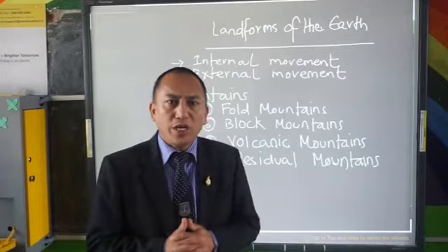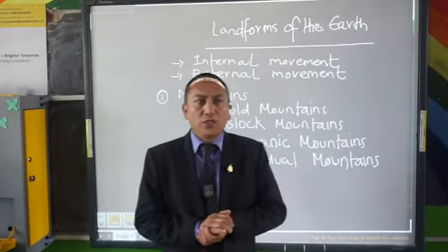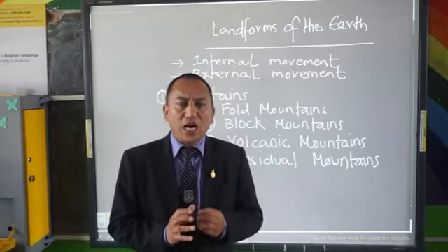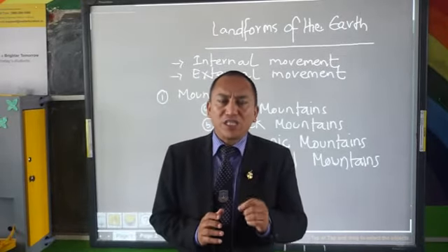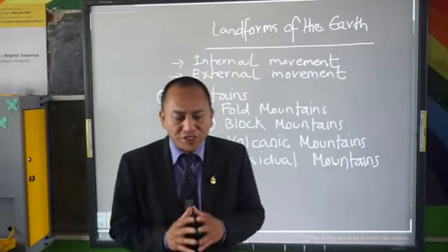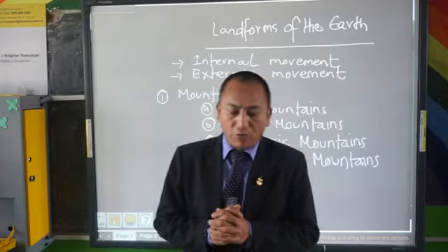So dear students, today we do a new chapter, and that is the landforms of the earth. So now, what are landforms? Landforms are the relief features that we see on the earth's surface. The relief features that we see on the earth's surface are termed as landforms.